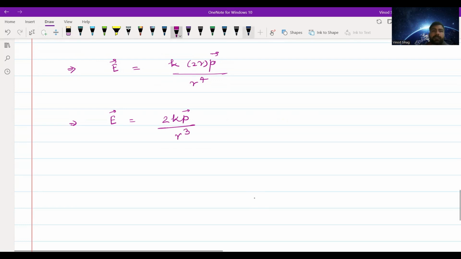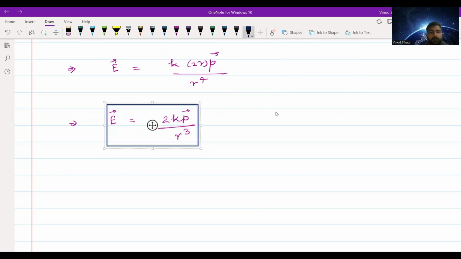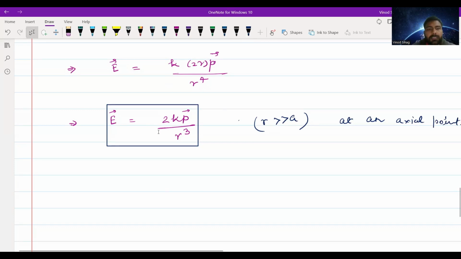So this is the electric field at an axial point for the case where R is greater than A. So that's how we can denote the electric field.